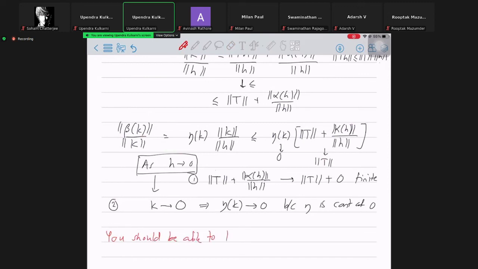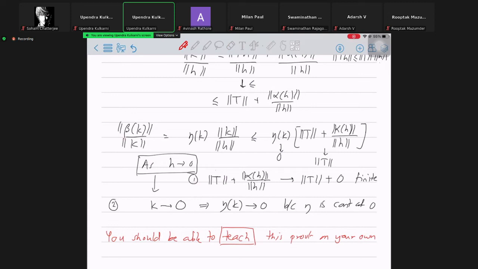So you should be able to, not because this proof itself is very important. Of course, the result is very important, but somehow the proof puts together many ideas that you have learned so far.